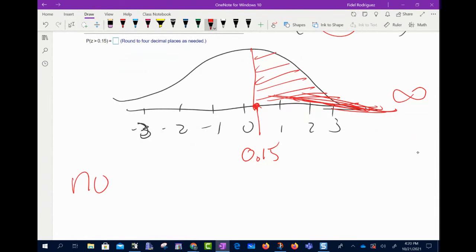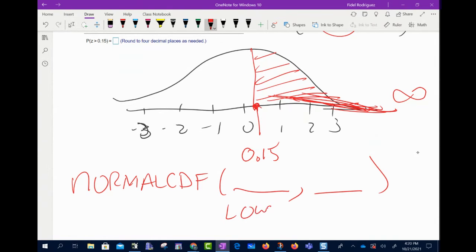So when we do this on our calculator with our normal CDF, we have two numbers, a lower limit and an upper limit. We're going to say our lower limit is 0.15, but because we're going all the way to the right, we have that idea of infinity.